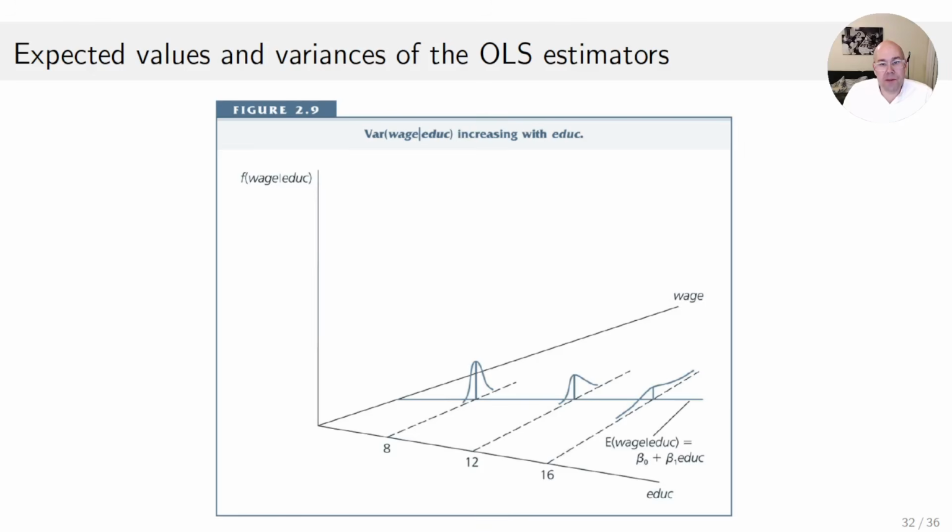Now, what's a counterexample to all this? So think of the relationship between wages and education. Here we have education, here we have wages, here we have again this density, and then one could think that, for low levels of education, the mean of wages is going to be lower, and it's going to be higher for higher levels, but also the variance is going to be lower than it is for high levels of education.